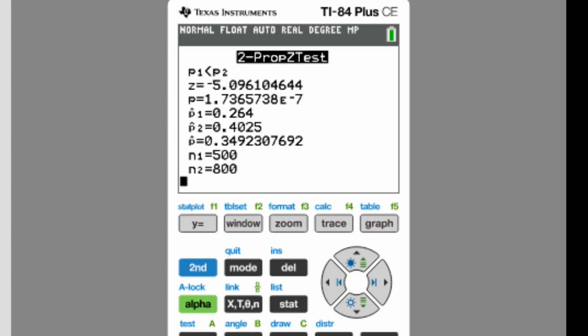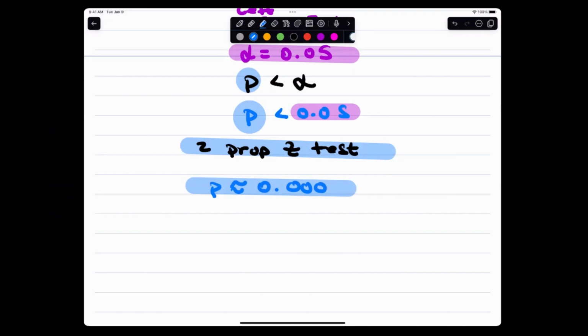You got that e to the minus 7 power? Okay, so what does that mean? Your p-value is approximately 0.